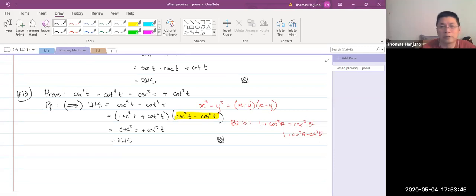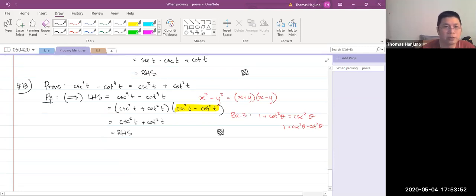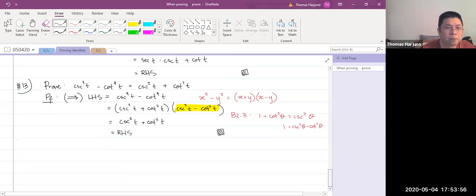Number 30. So you see number 13 is actually based on factoring difference of squares. Number 30 actually depends on factoring.